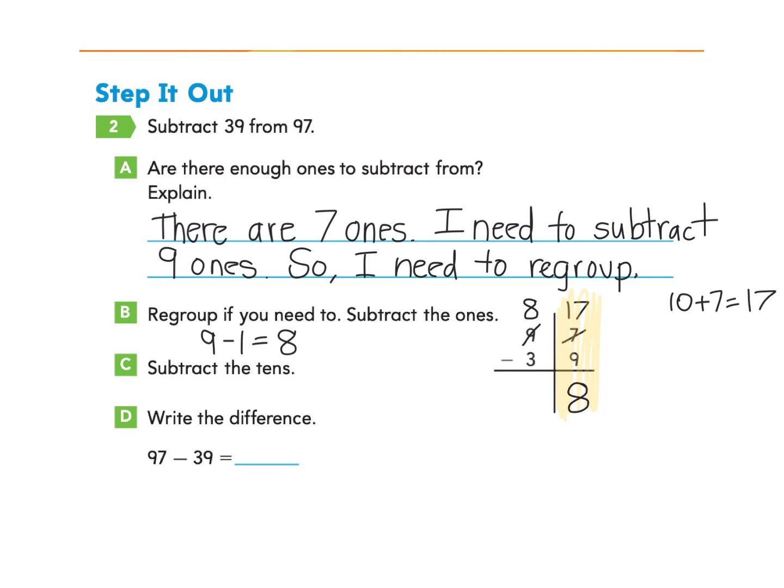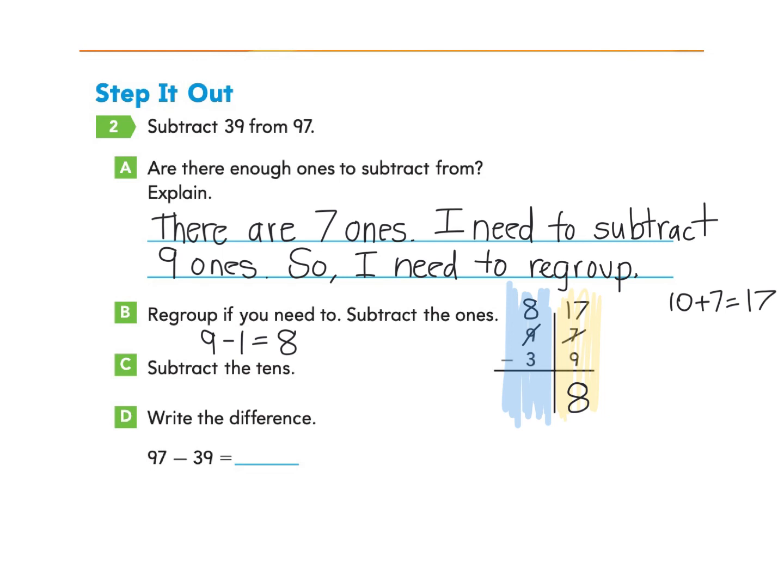Okay, now we can look at part C, subtract the tens column. And we know that the tens column is right here. This is the tens column. And we have regrouped, so we know that our tens now is 8, take away 3. So if you would like to write the answer in right now, you can do that. If you want to use dots and cross them out, you can pause and do that as well.